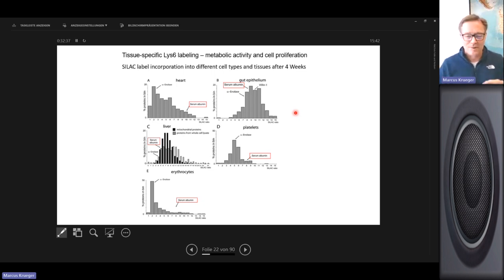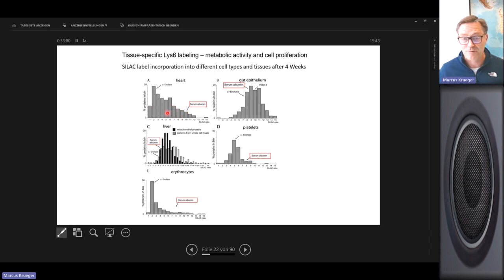Nevertheless, coming back to this turnover, what we see is different incorporation rates in different tissues, right? I highlighted the serum albumin. Sorry, I forgot to explain that. In this bar plot we have the SILAC ratios, so 1 means 1:1, 50% labeled, and this is heavily labeled.